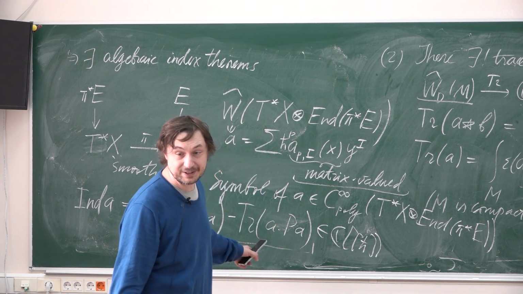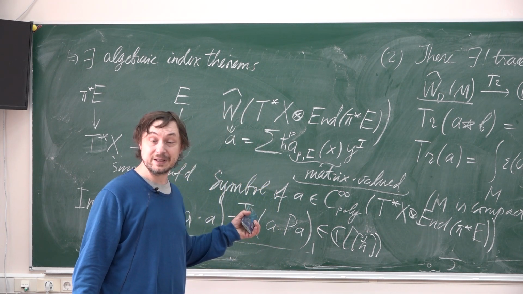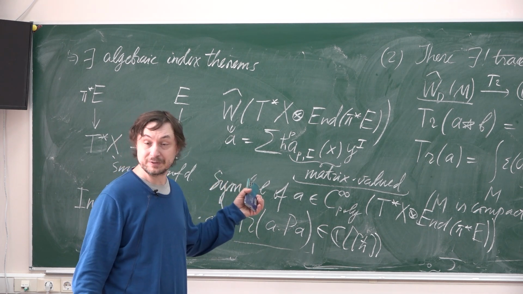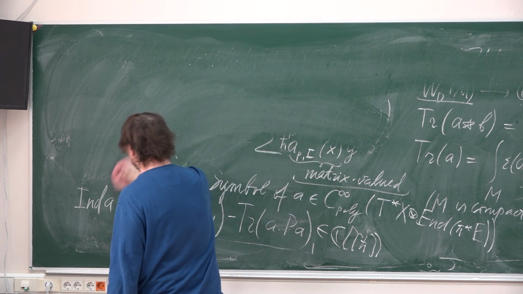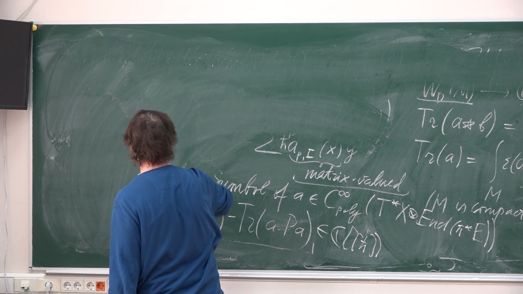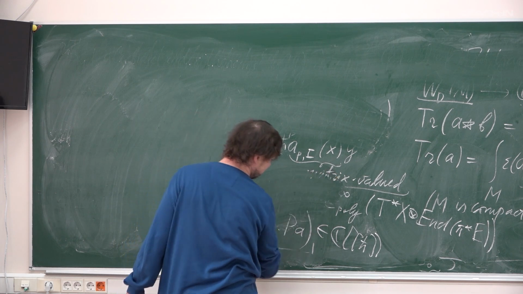You can give this definition in the framework of Fedosov algebra as well. So you see, Fedosov quantization is quite an interesting thing. There are lots of things which are still missing in it.